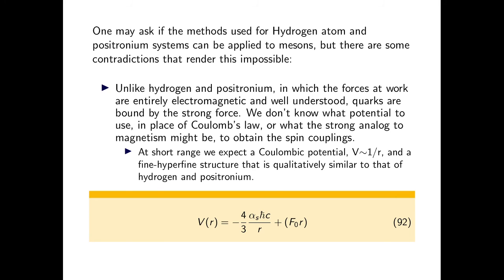So the potential must be increasing, but we won't get to explaining all that, and instead I will be showing you this equation, where V of r is equal to minus 4 by 3 alpha s, which right here is the overall coupling constant, h bar c divided by r, into f naught r. Next slide, please.